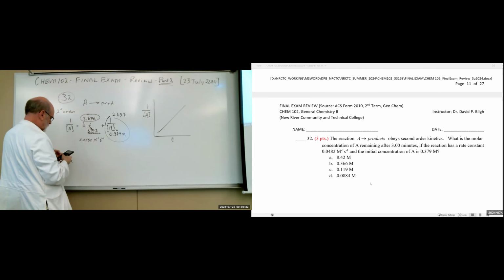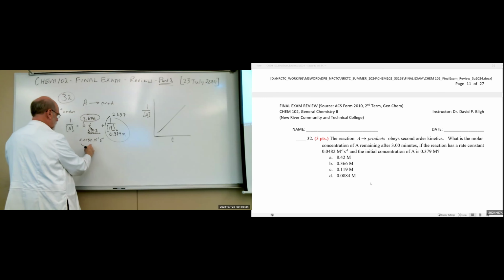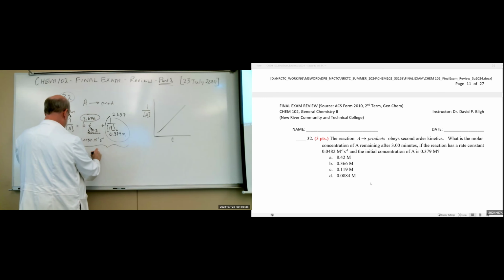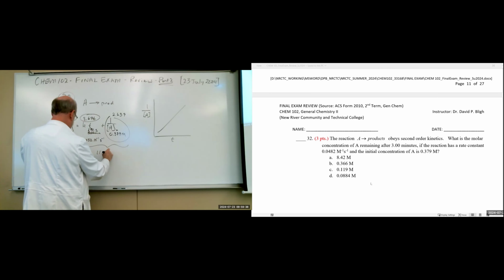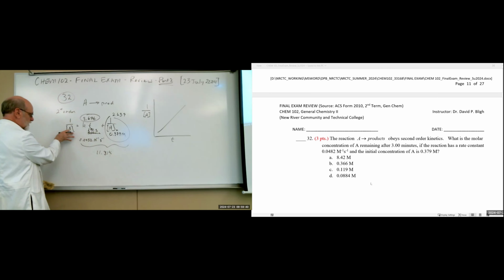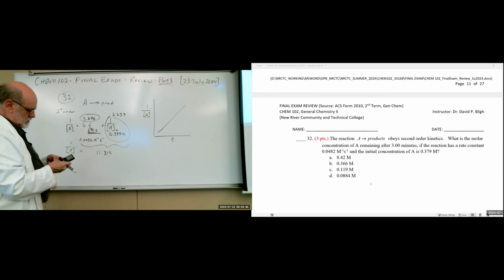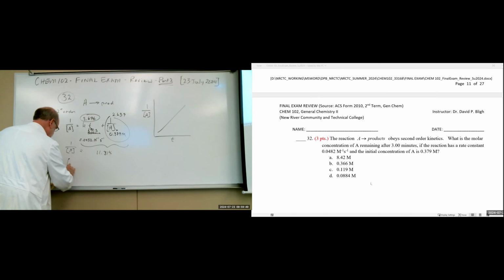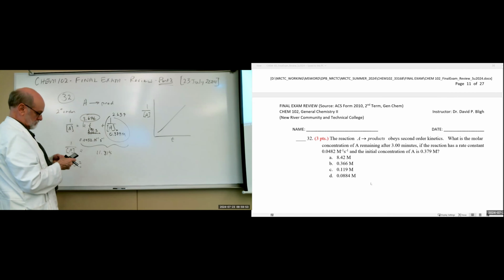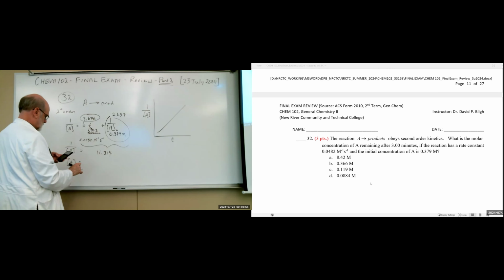So add those two together, and this side of the equation is 11.314. But this is inverse, so we need to take the inverse of that value in order to get the actual concentration. There it is.